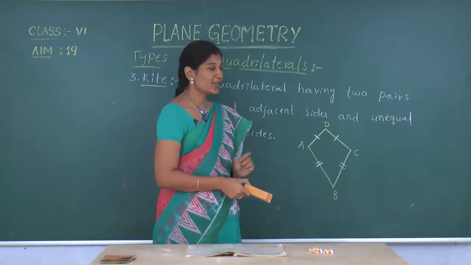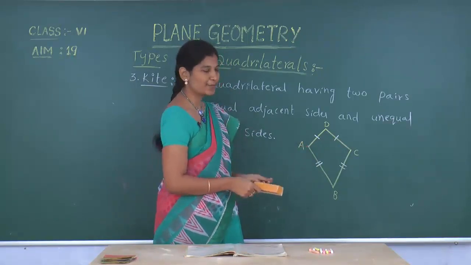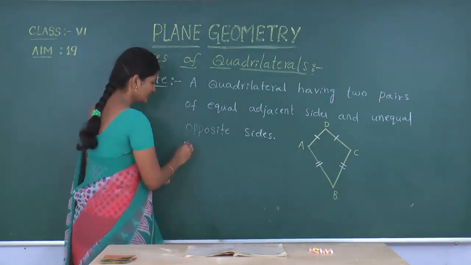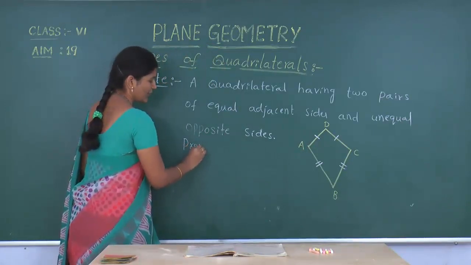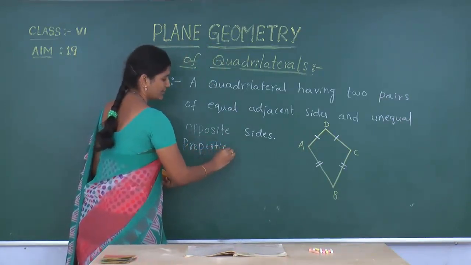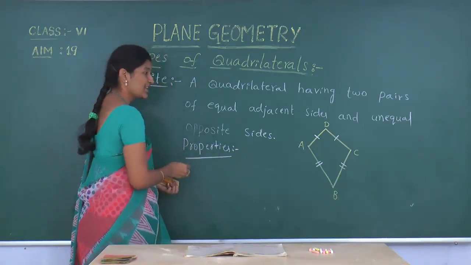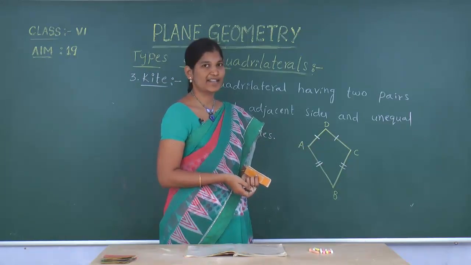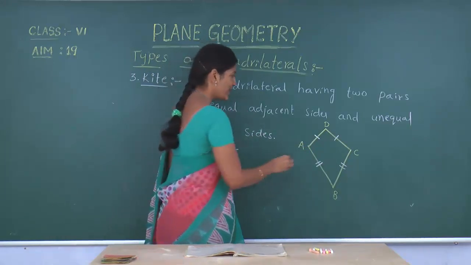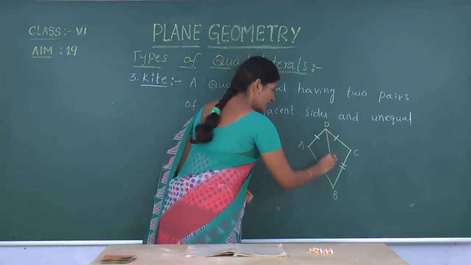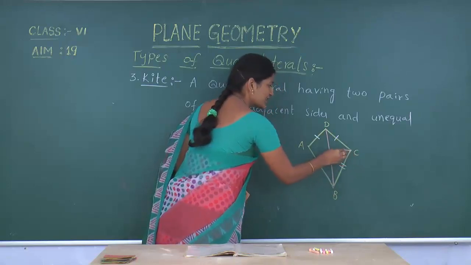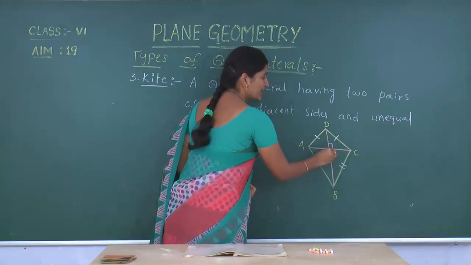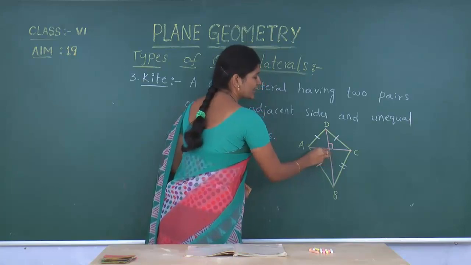Let us discuss the properties of the kite now. The first property: we can draw two diagonals in this kite, and those two diagonals are perpendicular to each other.